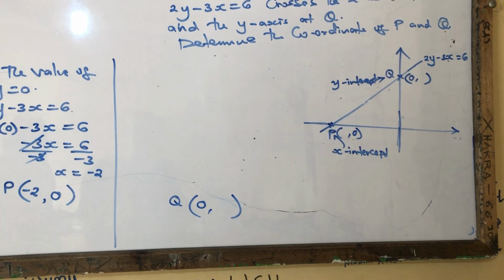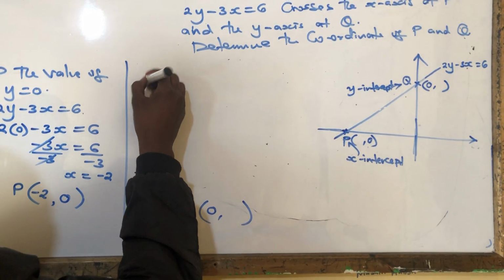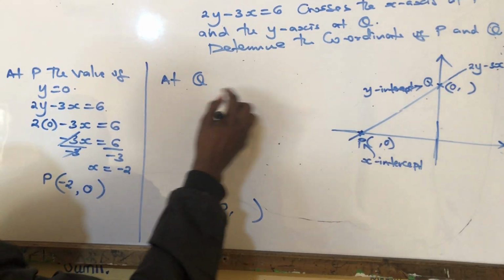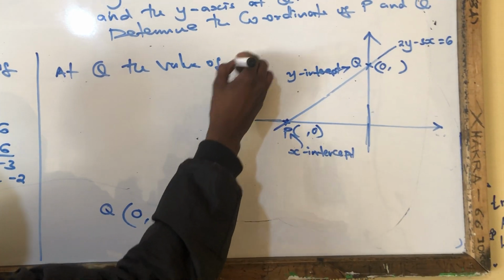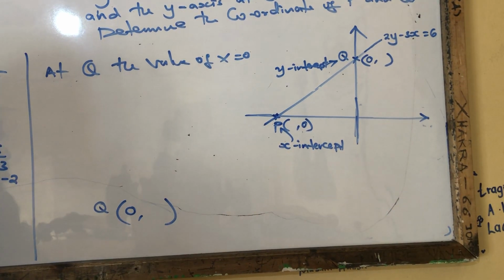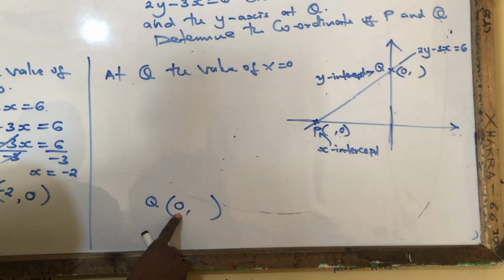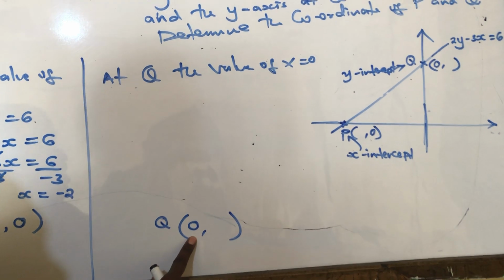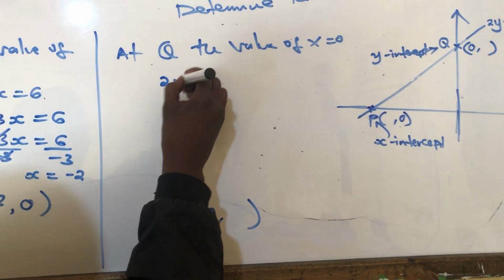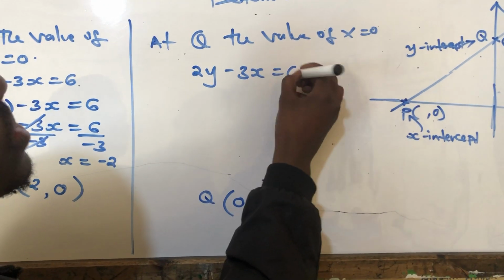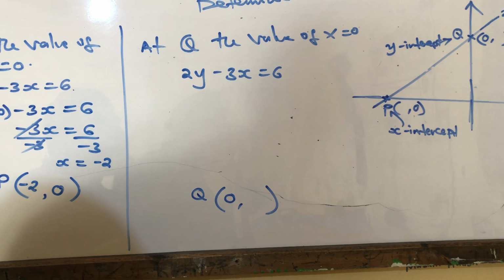So at Q, the value of x should be 0. Apart from the 0 serving as the coordinate of x, the same 0 will be substituted in this equation so as to obtain the value of y.